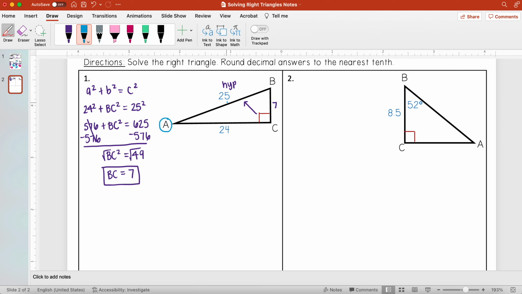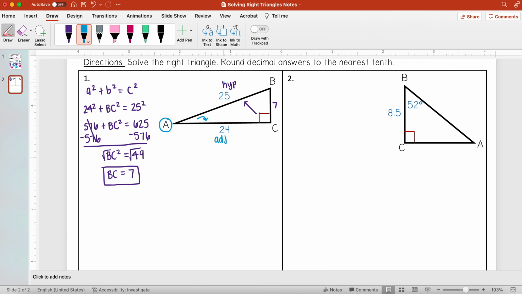And here I really could choose any trig ratio that I want to, because I have all three that are whole numbers. There weren't any approximations when I solved for BC. However, I recommend just going with the ones that they're given to you. So I'm going to go with the 24 and 25. And so I already know 25 is my hypotenuse. 24 I see is right next to my angle A. So that means that this one is my adjacent.